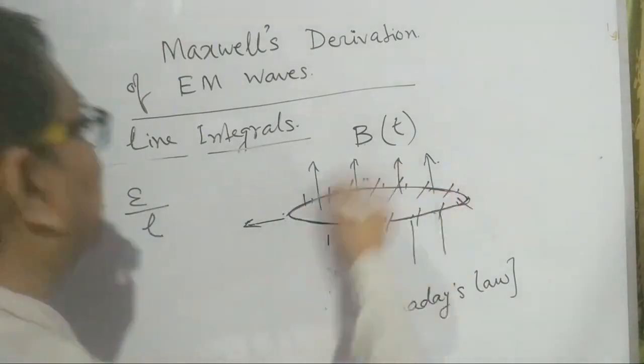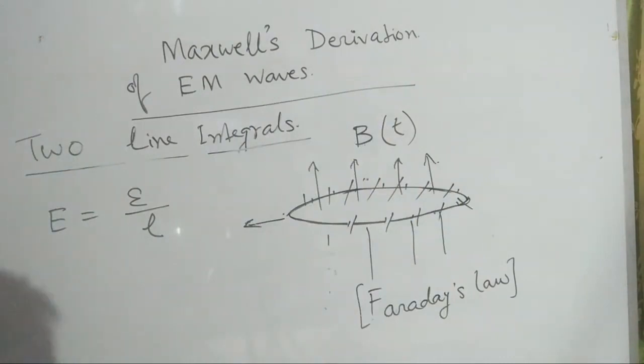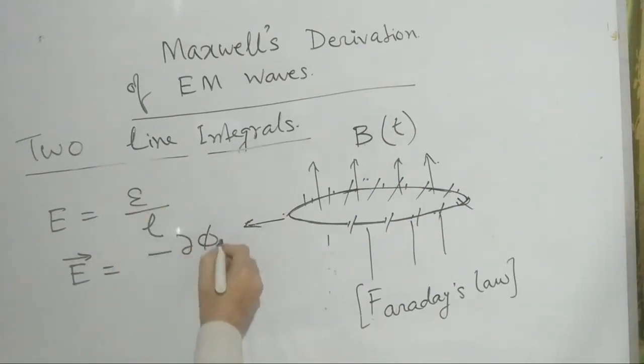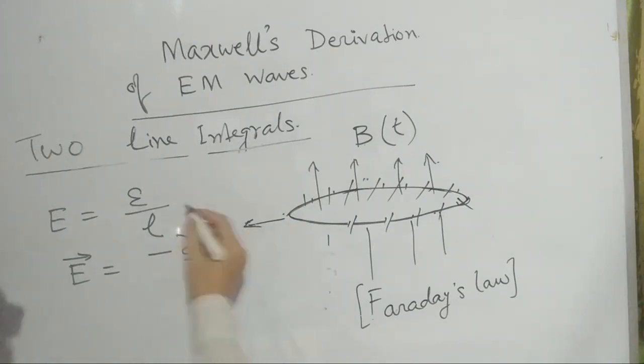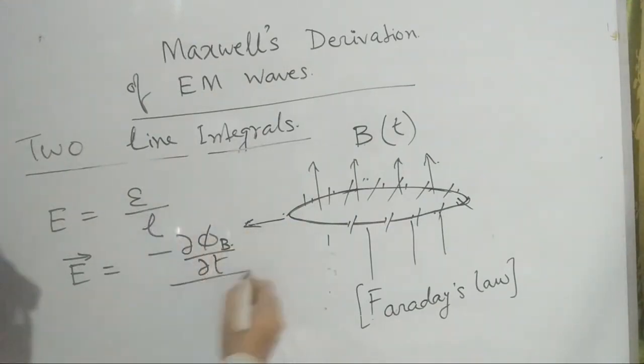Now electric field is a vector, and this EMF produced can be written as minus d phi b by dt.